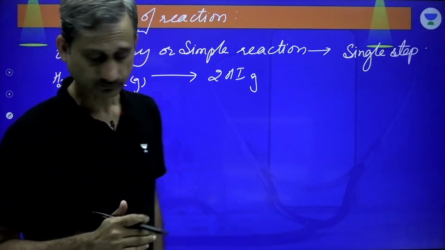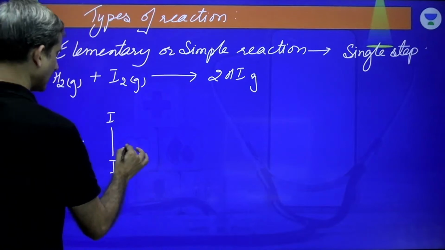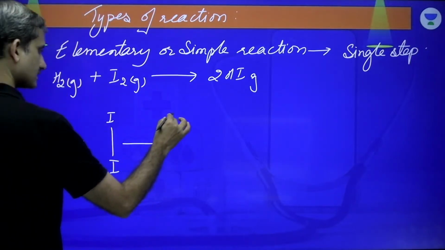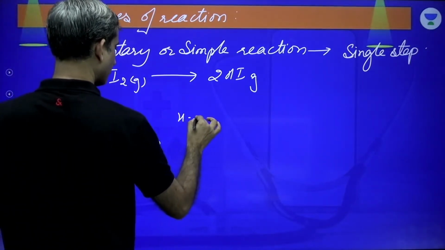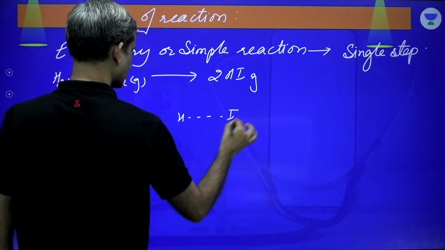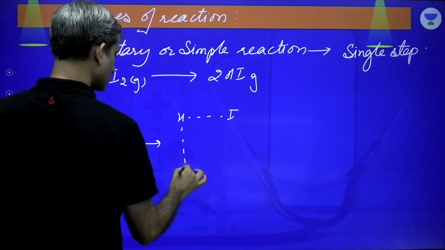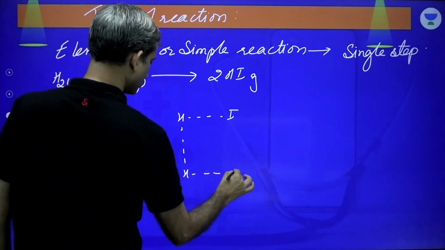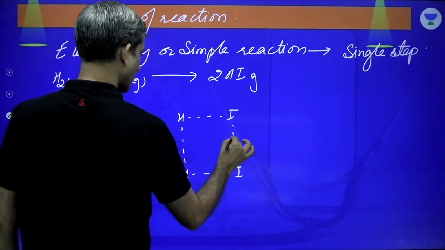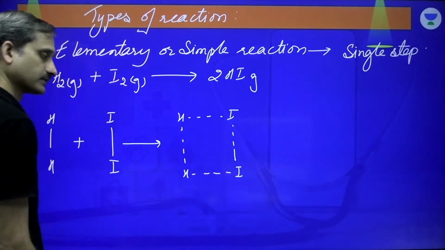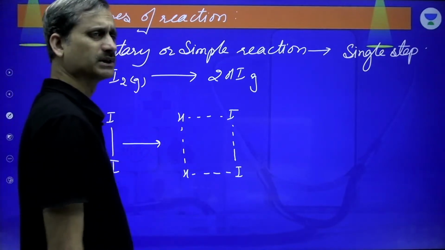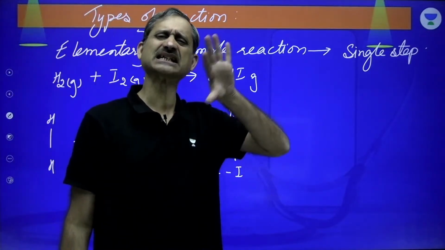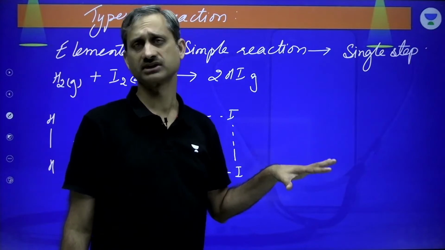Fine. Now, when this collides, it forms a kind of bond with iodine. The hydrogen-hydrogen bond weakens. The hydrogen-iodine bond is formed. The iodine-iodine bond weakens. This is a particular state which is the highest energy state in this reaction step.